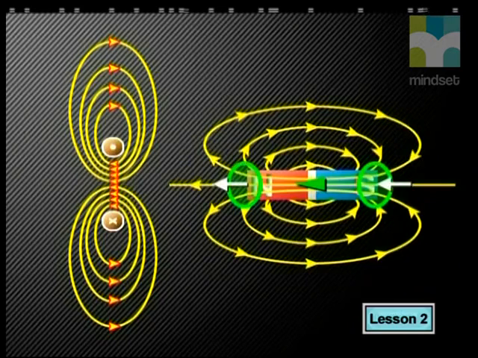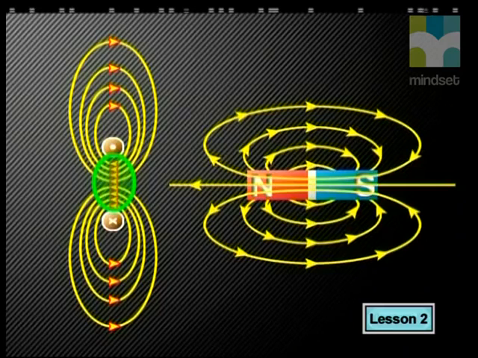Notice that the field lines are closest together at the poles and that they point out at the North Pole and in at the South Pole. The shape of the magnetic field of the bar magnet is very similar to the shape of the field formed by the single current carrying loop.